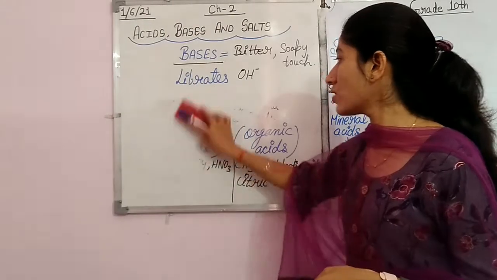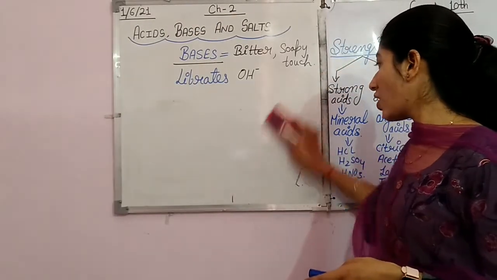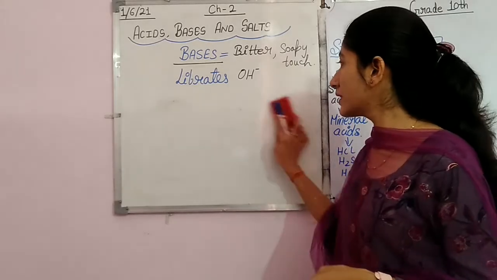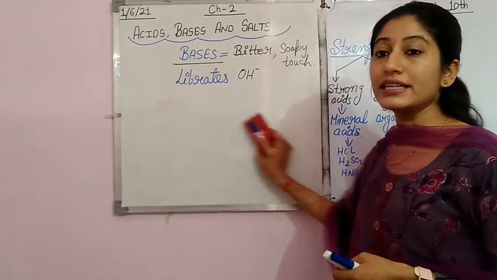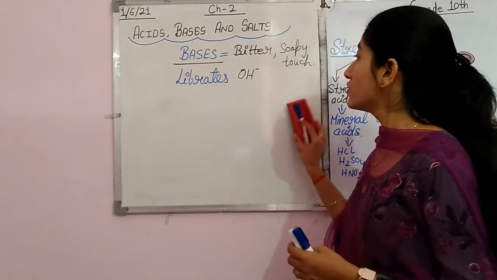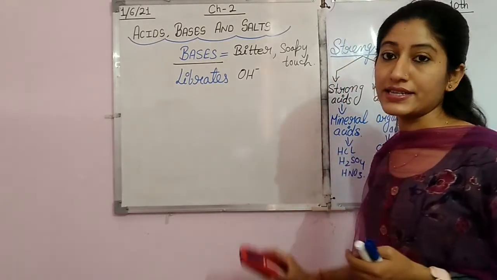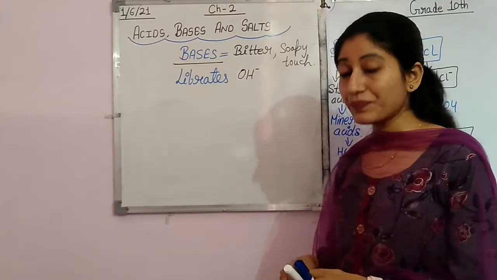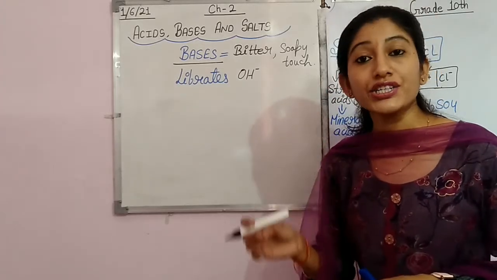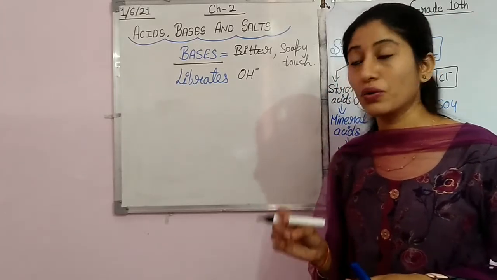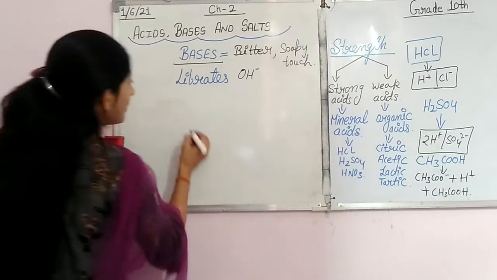Now the examples of the bases are, unlike organic acids which I told you are mostly natural, in the case of bases it is not like that; they have a mixed type of sources. When we talk about the bases, the examples are sodium hydroxide, potassium hydroxide. How do we write them?